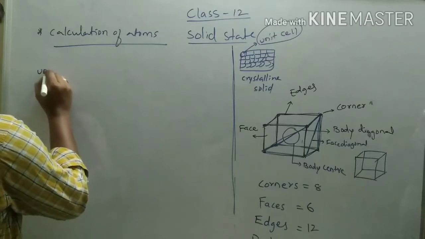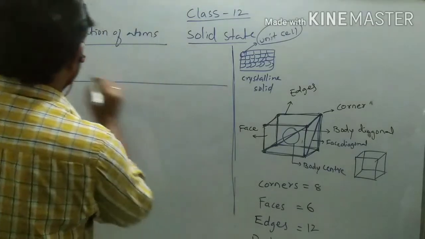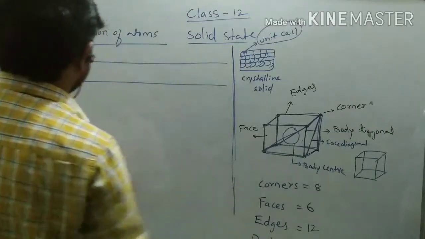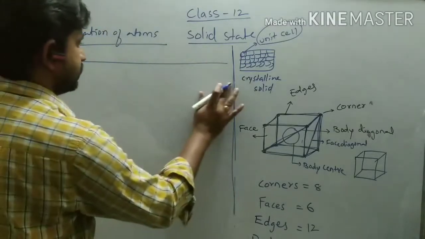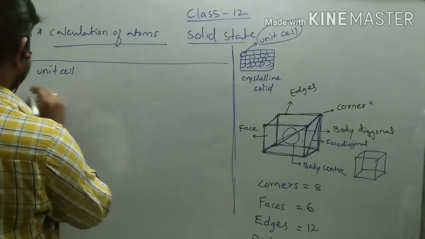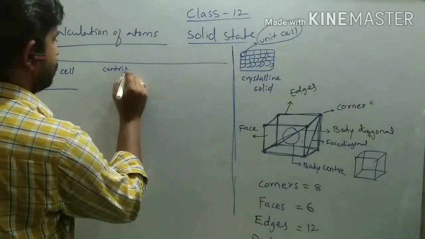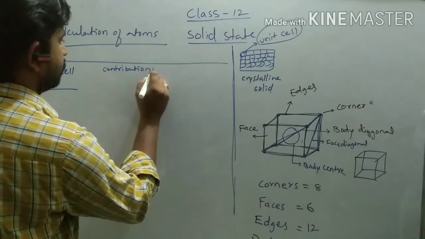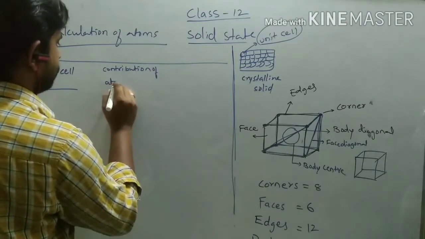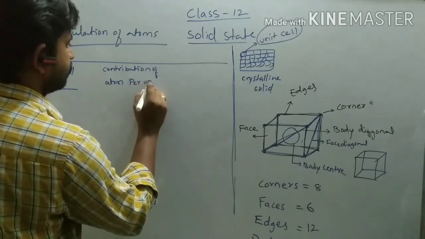Here, unit cell. So I am making one table here: unit cell, and next, contribution of atom per unit cell.